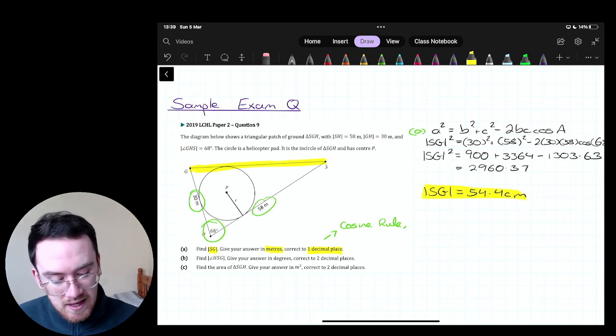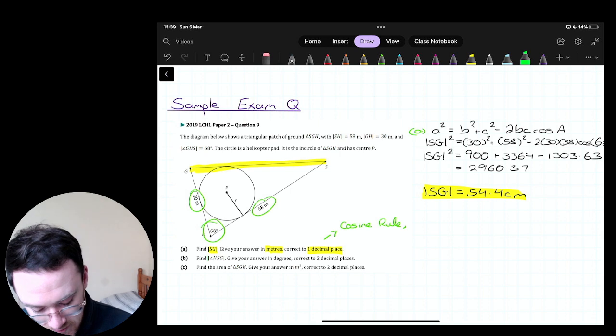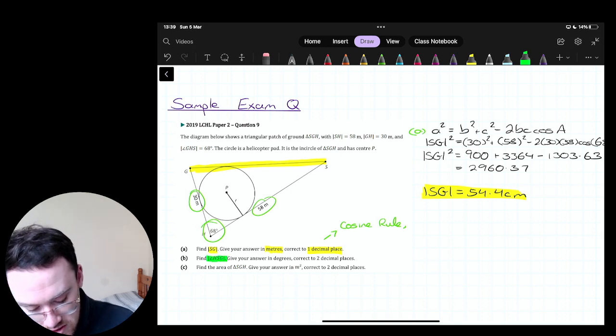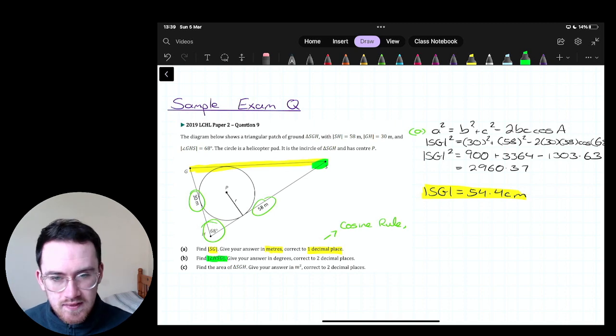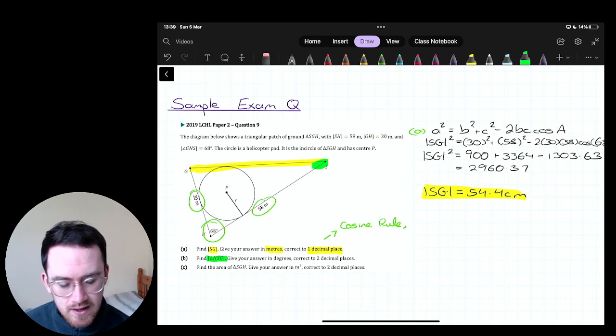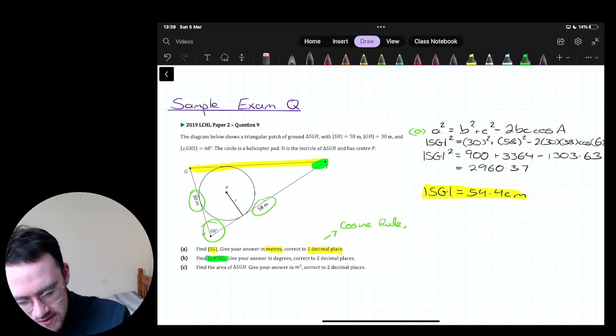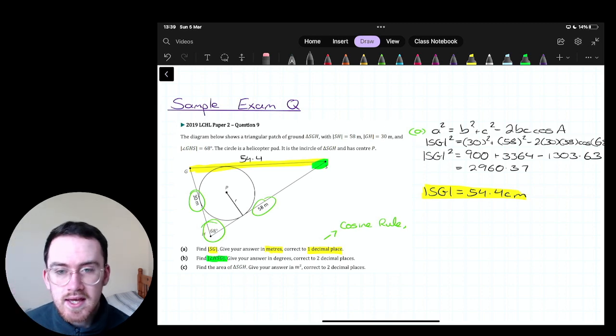Part B asks us to find angle HSG, which is this angle up here, giving your answer in degrees. Looking at all the information that we have, we now have this side here as 54.4. So we could use the cosine rule again. We have the three sides.